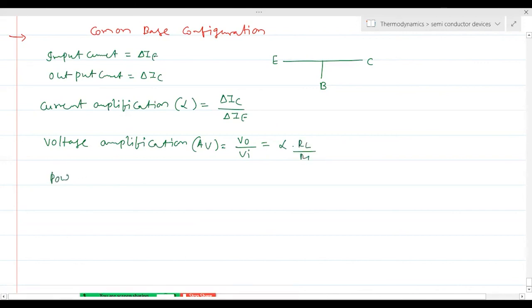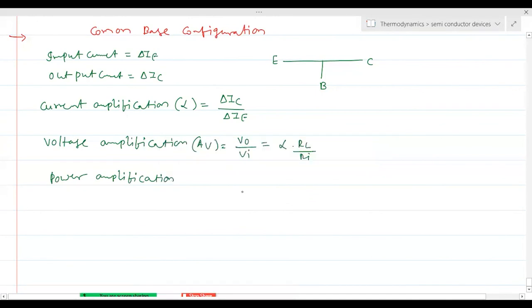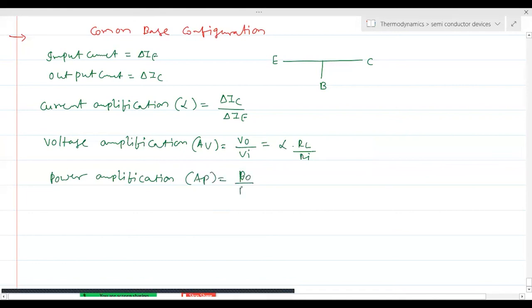And we will take power amplification. So that is AP equivalent to output power by input power, so that is alpha square into RL by RL.